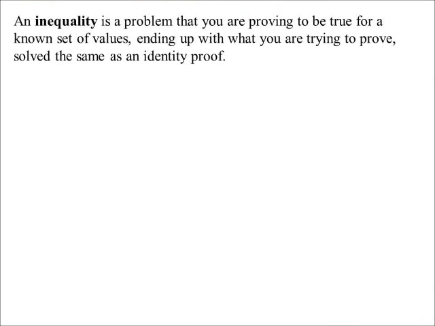Inequality, I said they were different. Inequality is now a problem that we're proving to be true for a known set of values. So in an equation, we're finding the set of values that it is true for, whereas in an inequality, we're proving it's true for all of these possible values.